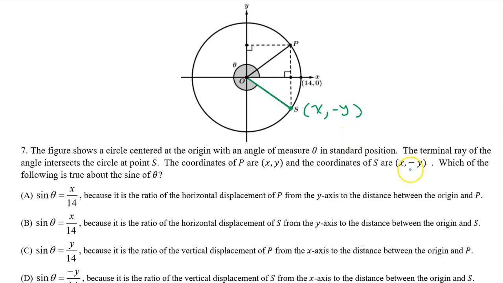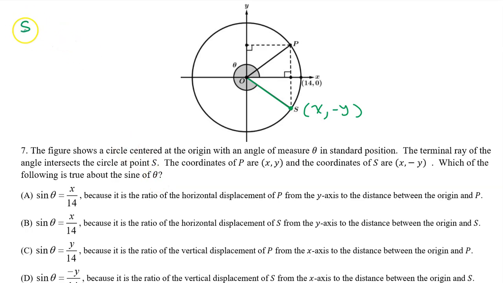Whenever they start talking about the coordinates being x and the opposite of y, or the opposite of x and y, I start saying horizontal displacement and vertical displacement to avoid confusion with these letters.